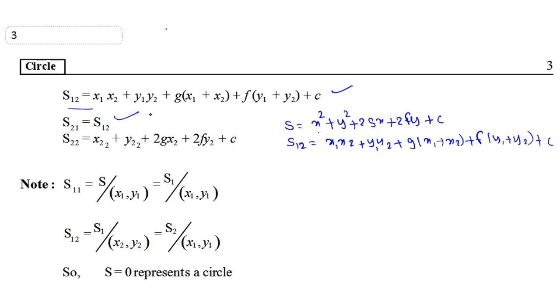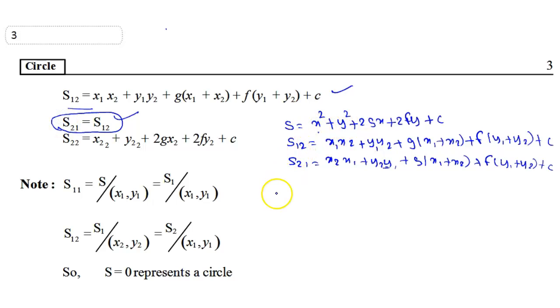Similarly, S12 is equal to S21. S21 also can be written as x2x1 plus y2y1 plus g of the same thing x1 plus x2 plus f of the same thing y1 plus y2 plus c. So here we can conclude S21 is equal to S12. And the same thing here, S22.